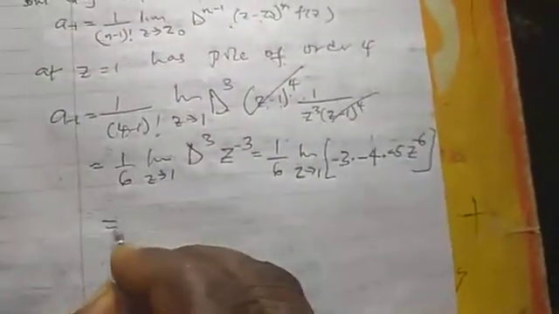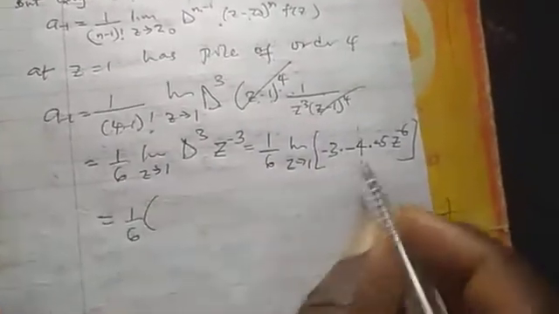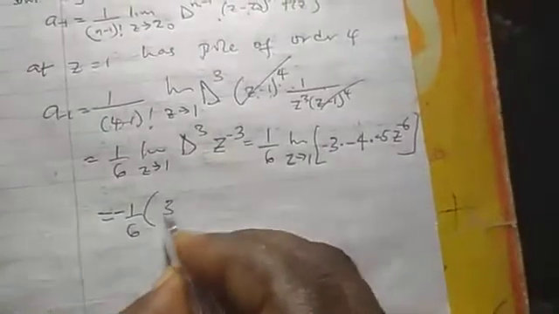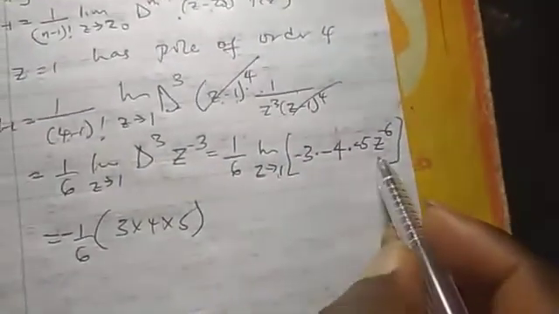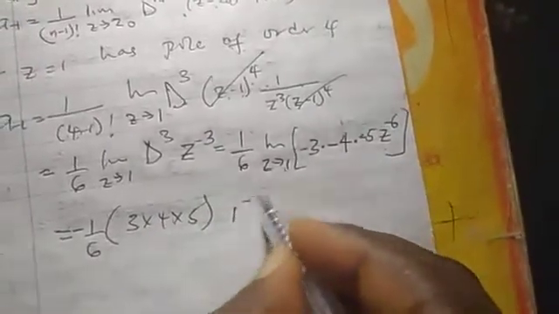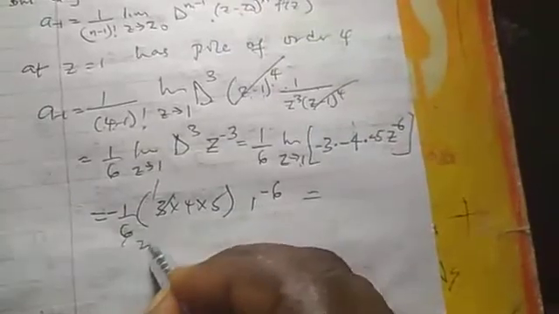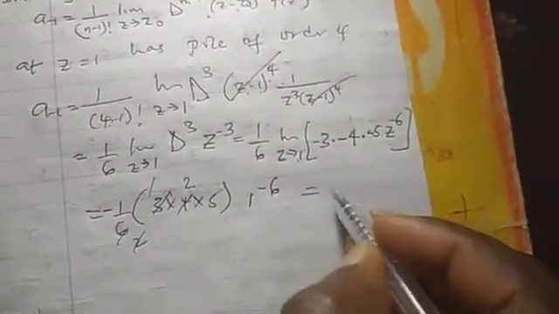So from that, we are going to have 1 over 6 into all this, which will give me minus 3 times 4 times 5. If you put the limit of z to 1, that will be 1 raised to power minus 6. Now 3 here 1, 3 here 2, 2 here 1, 2 here 2. So our residue is minus 10.